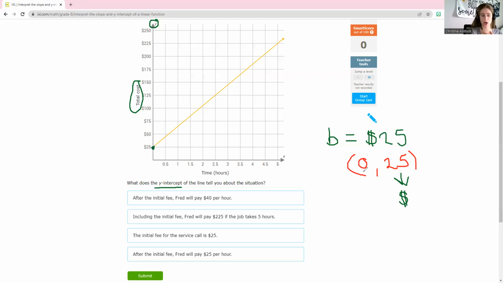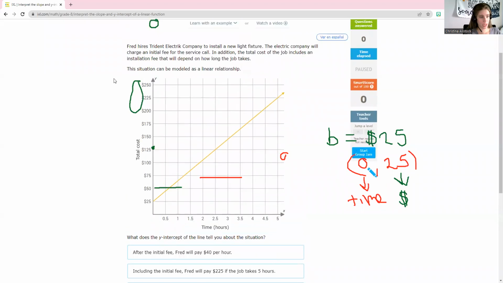That's where our graph is beginning. Well, that 0 is our x value, and that represents the total time. So that tells me that when this electric company comes out and has spent 0 time working on it, I have to pay $25.